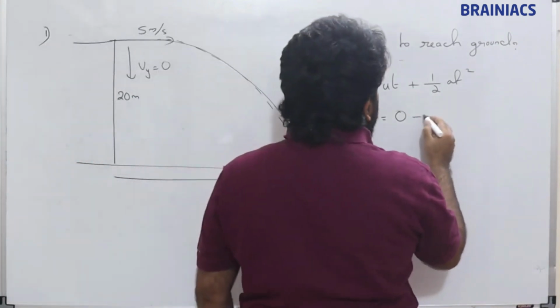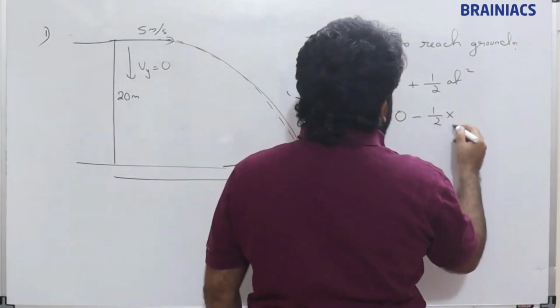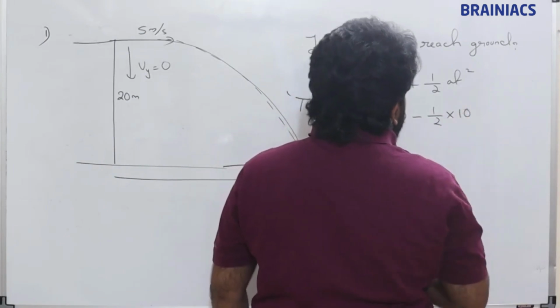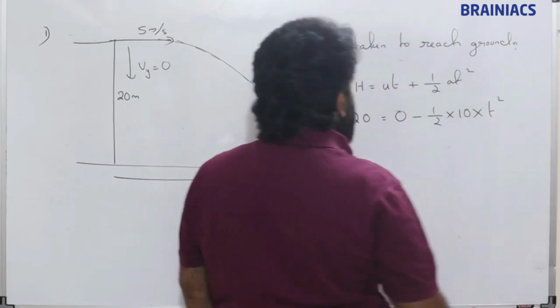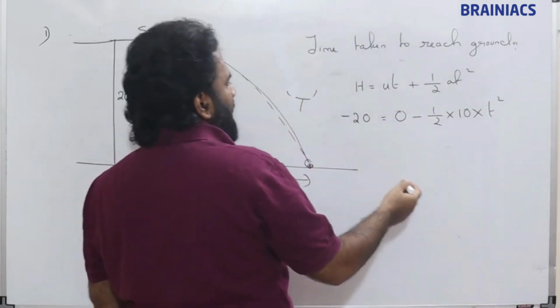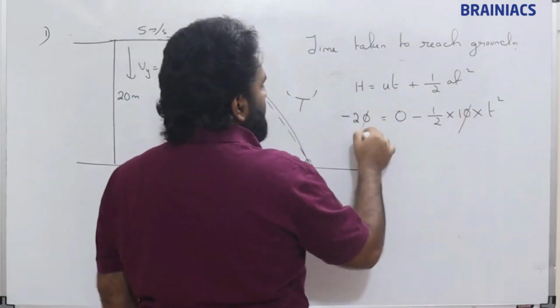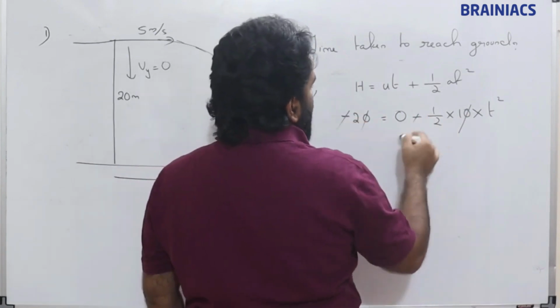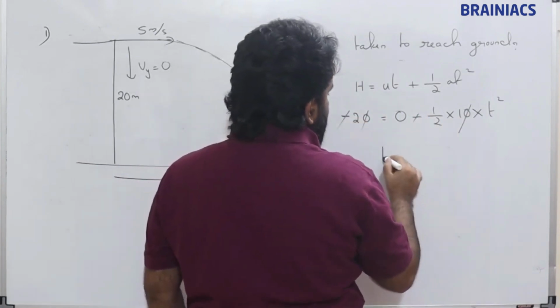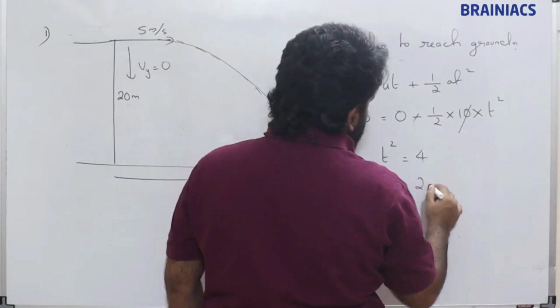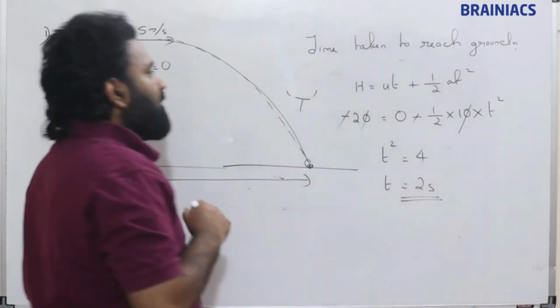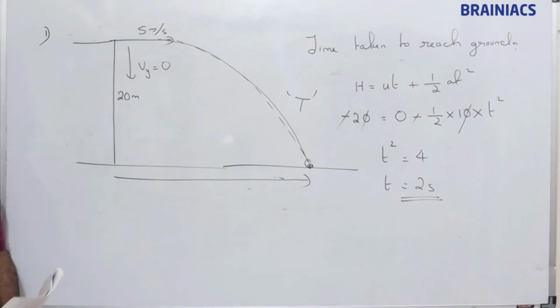And this is equal to minus half into g, let us consider minus 10, into t square. So 0 cancelled off, and t square is equal to 4, and t is equal to 2 seconds. So the time taken to reach the ground is 2 seconds.